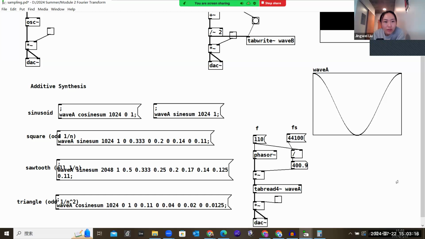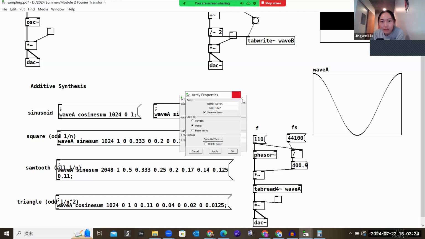So if you use this cosine sum, this 1, 0 to 4 is how many numbers are there in this table. So if you go to property here, the property, you can see the size is 1.27. So it's like, a little bit more than this because there are some, DC and yeah, some nuances here, but it's just a little bit larger.